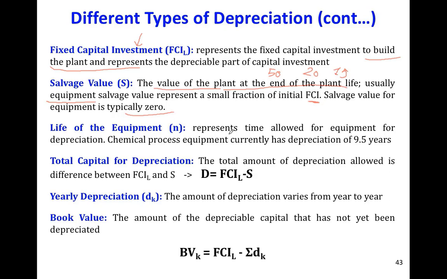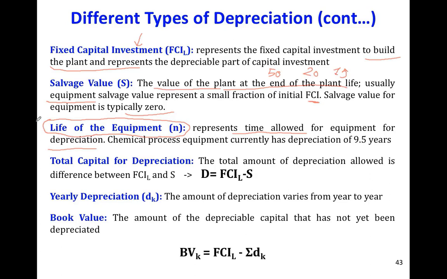Life of equipment is the time that is allowed for the equipment to depreciate. The life of the equipment here is not really the life of the equipment that will be working. No, it is a kind of useful life of that equipment.